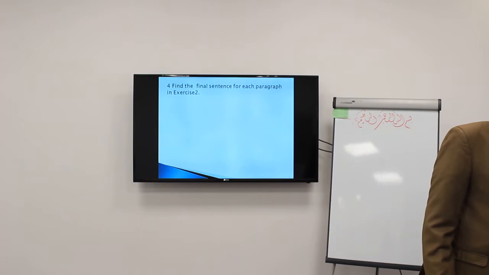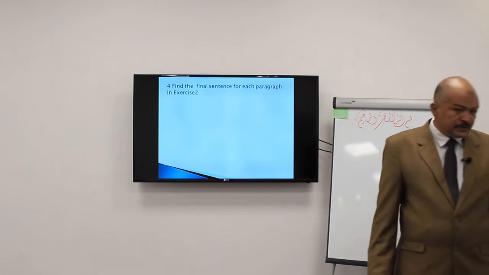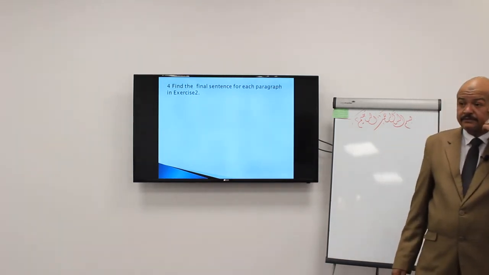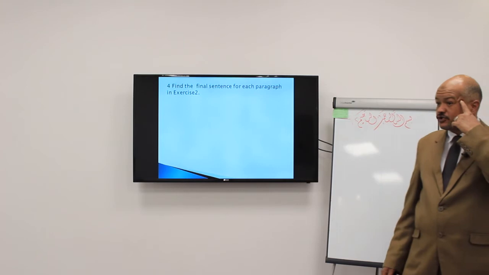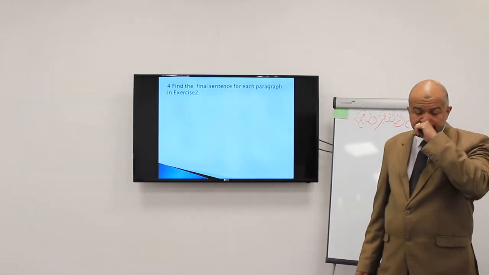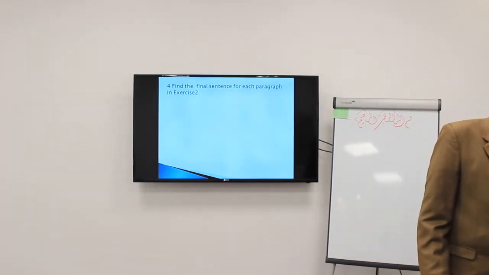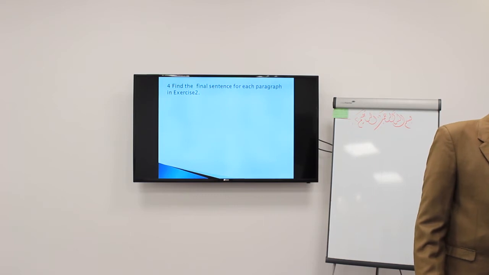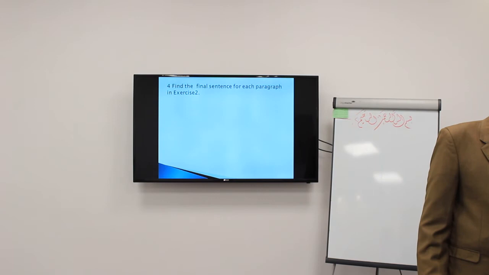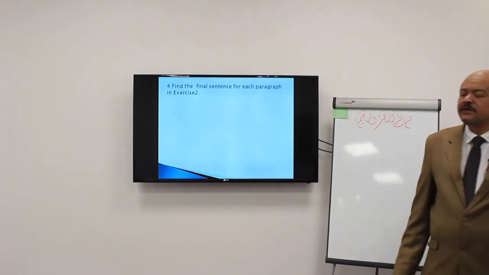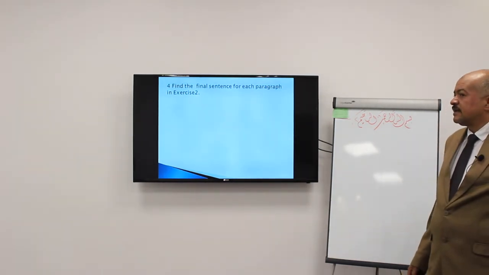The heat source can be lightning, a campfire, a match, and even the sun. So this is the final sentence of which paragraph? Which paragraph do you think is suitable for this one? The final sentence B: the energy is released in waves which are felt most strongly at the epicenter.